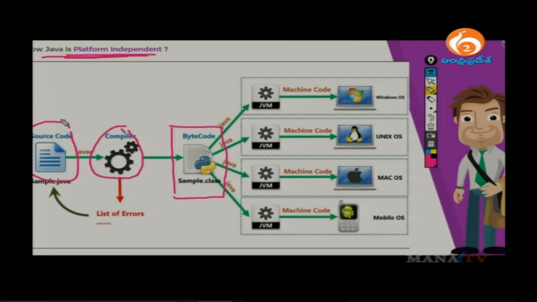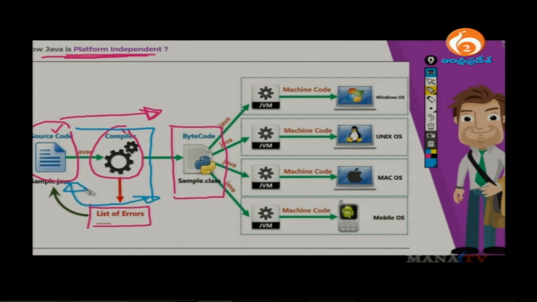Yes, this is one flow, and there is another flow also. If the programmer has made a few mistakes in the source code and it is compiled, it generates a list of errors here. Once it generates a list of errors, it goes back to the source code, where the user has to rectify these errors.